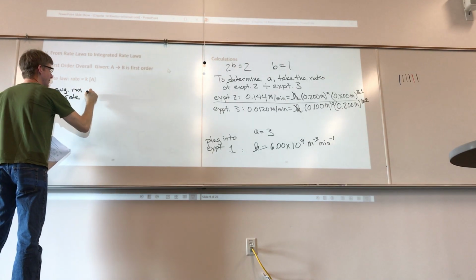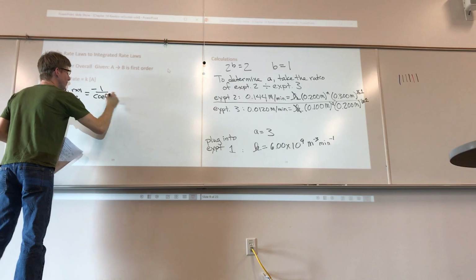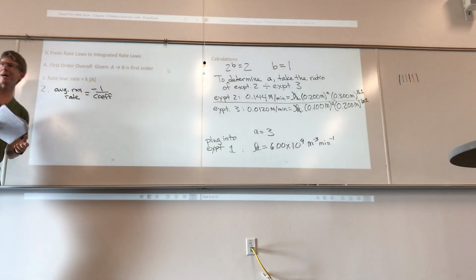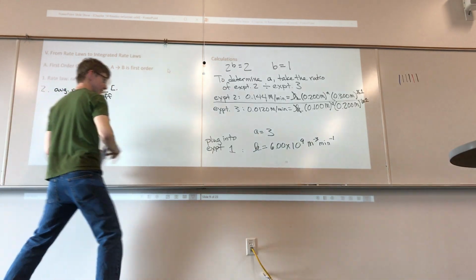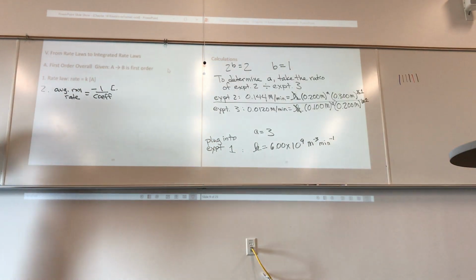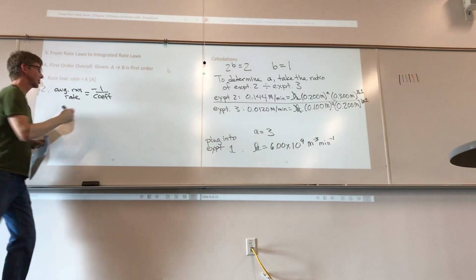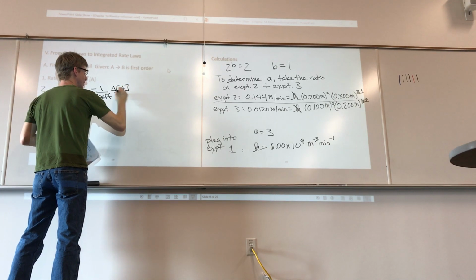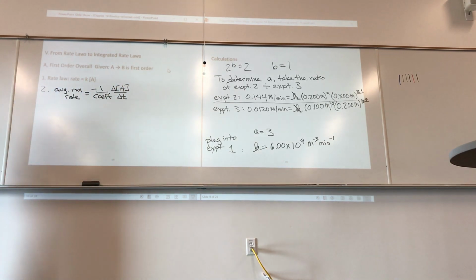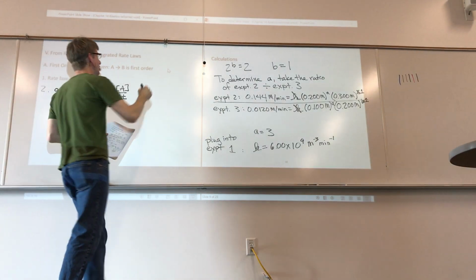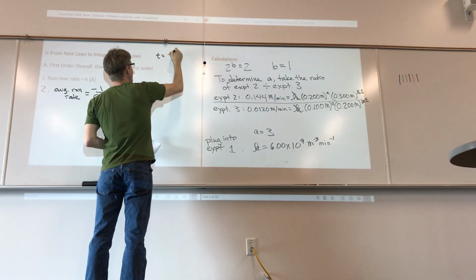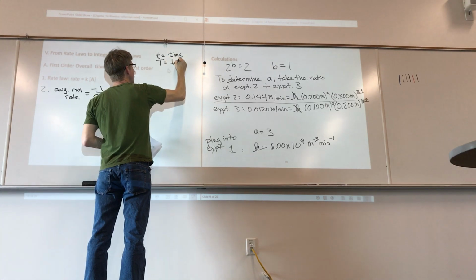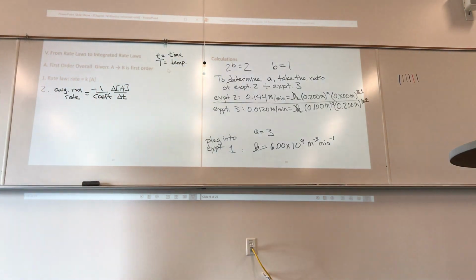And when we did that, it was just minus 1 over the coefficient times the change in concentration, delta concentration, over change in time. Here, I'll remind you that little t is time and big T is temperature. And we will be using both this chapter for sure.